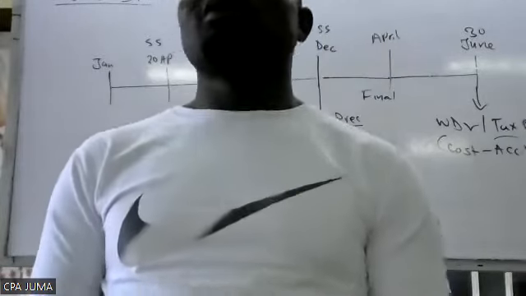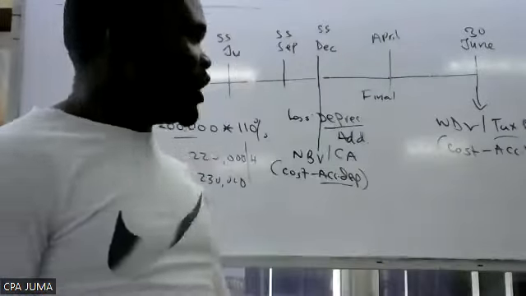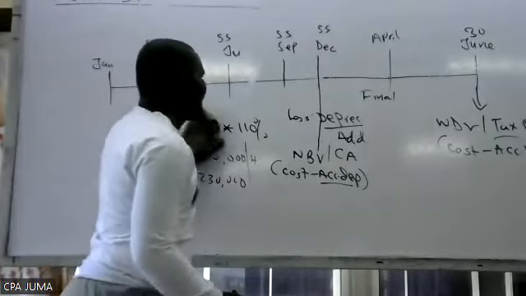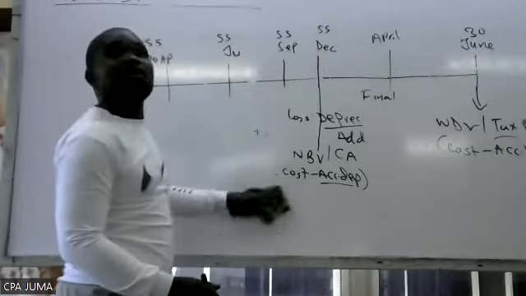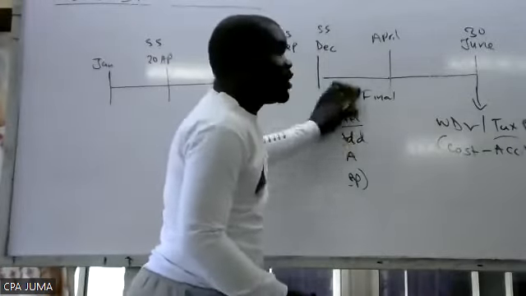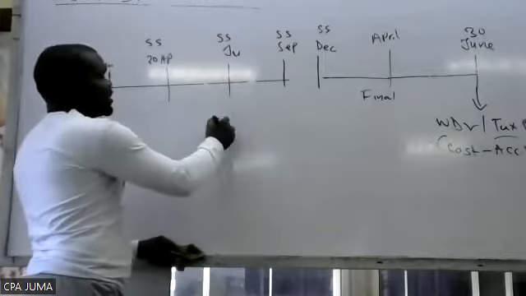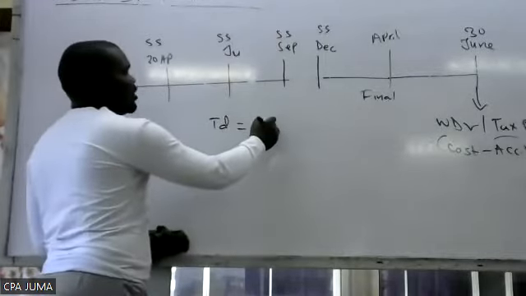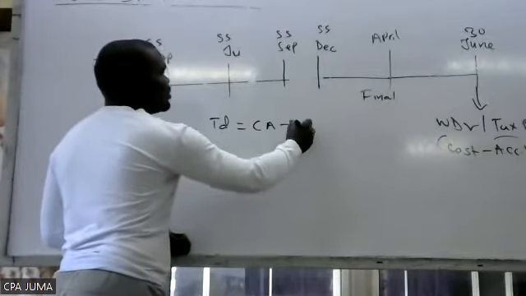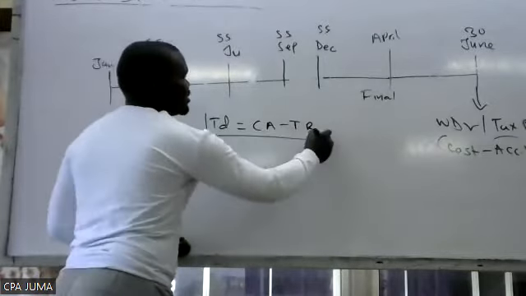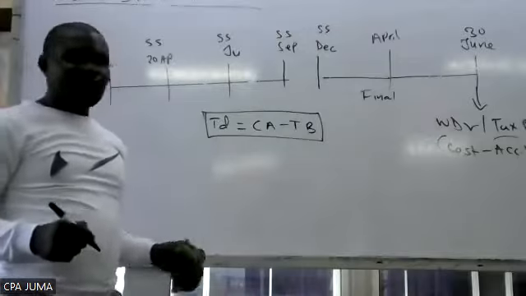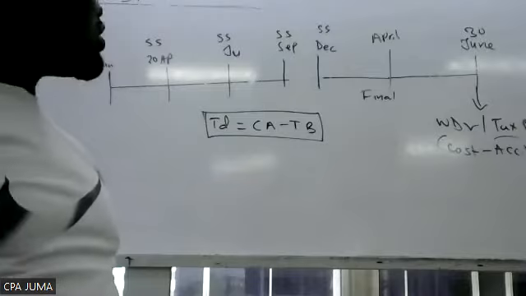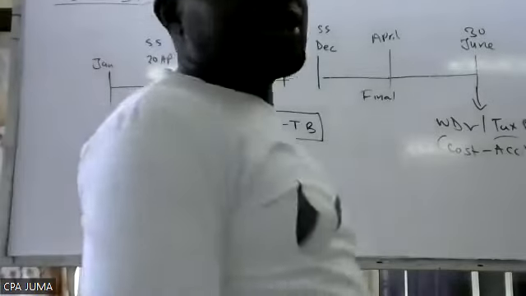Full stop. You can even write a formula there from that definition. Not necessary, but you can. Actually, temporary differences are going to be everything for us in our questions. So temporary differences equals the carrying amount minus what? Minus the tax base. Hold on to that throughout. Let's proceed.